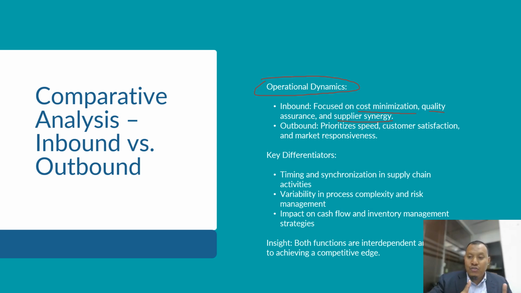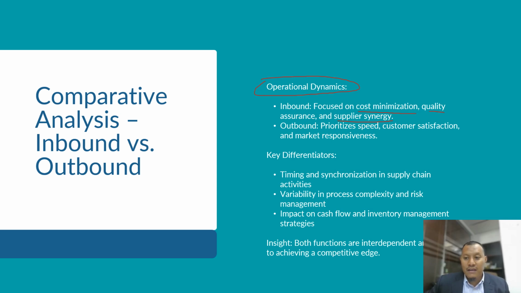So we need to make sure that we do fast delivery to the customer so that the customer will be happy and satisfied with our service, because that leads to customer satisfaction as well as market responsiveness. In terms of the key differentiators, the first one is timing and synchronization in the supply chain, then variability in process complexity and risk management, and the impact on cash flow and inventory management strategy.